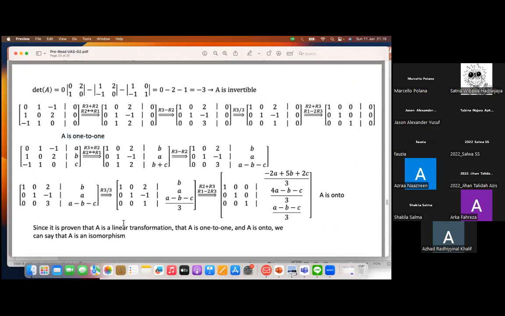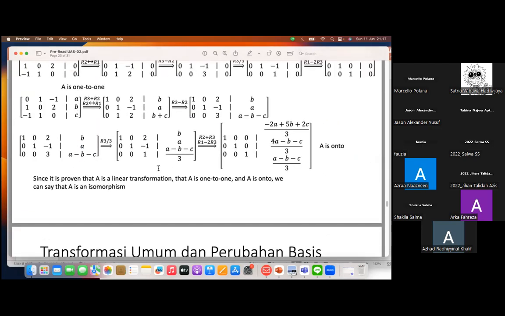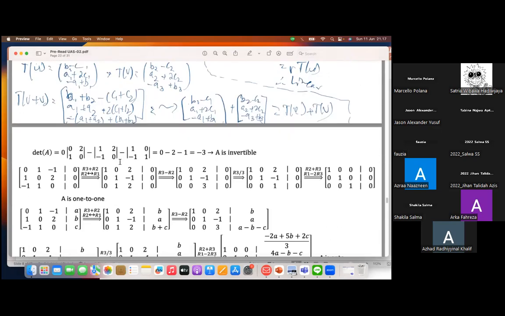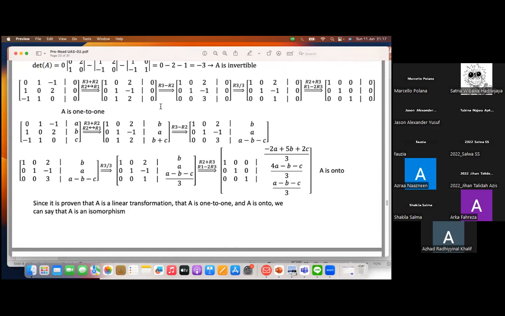Next, to prove that it is onto, we give general solution A, B, and C. And we can see from the solving that A is onto because all three have leading one. And since we've proven here that A is one-to-one and onto, we can say that A is an isomorphism. Okay.